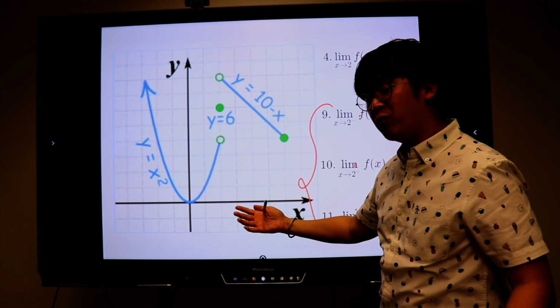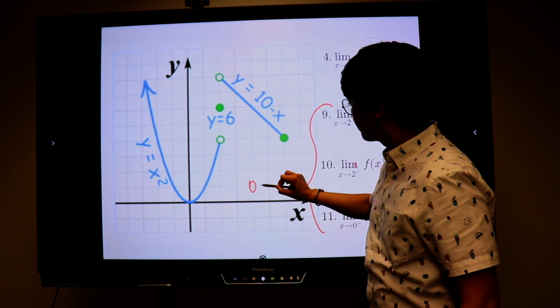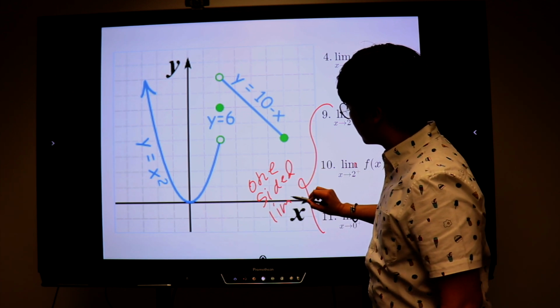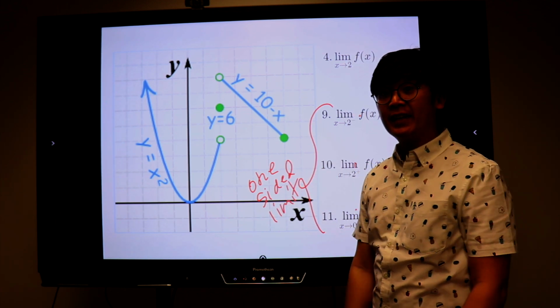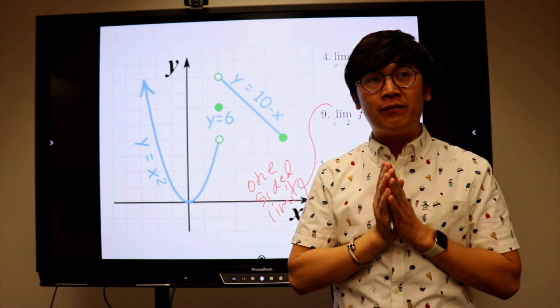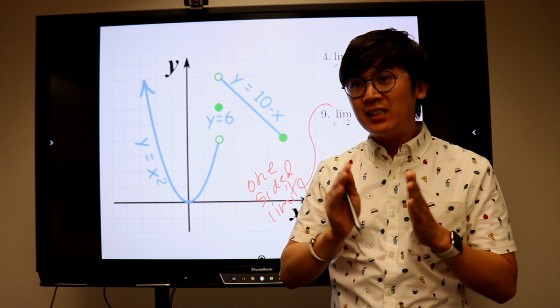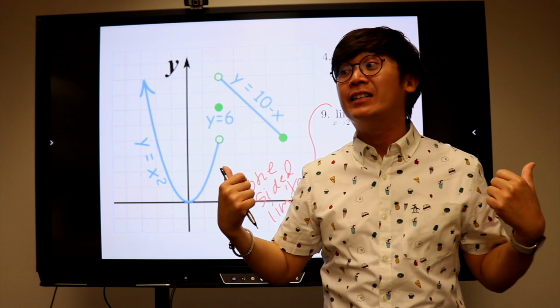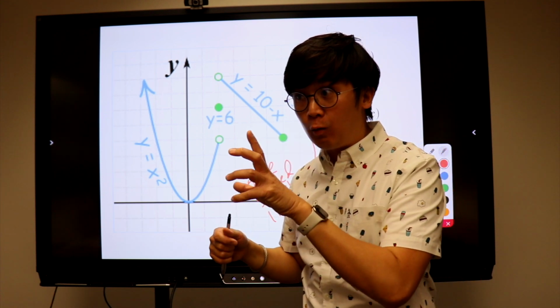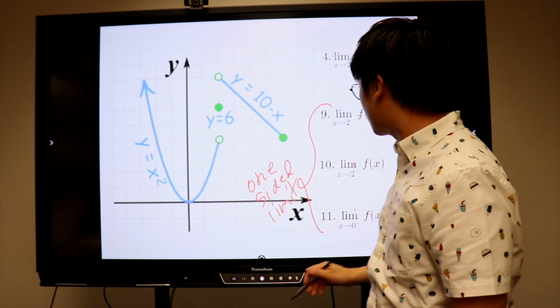We have a special name for this limit. We call it the one-sided limit. And it's basically asking you what is the value of y as x approaches from that direction. So you don't care about both directions, you just care about one of the two directions that we have.